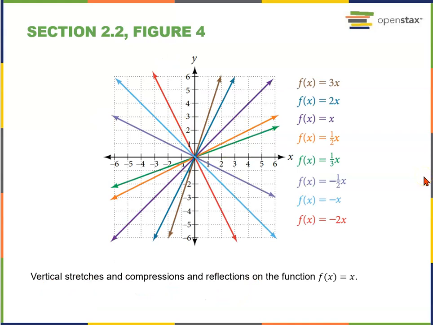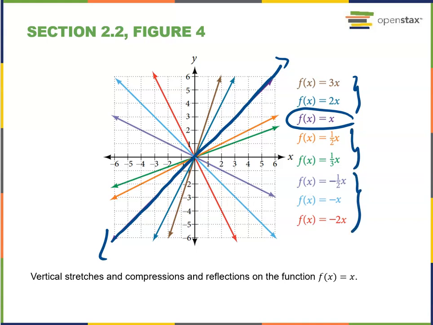Next, vertical stretches and compressions and reflections on the function of f of x is equal to x. This is f of x equal to x, which is this line here. What do you notice about this group here, 2x, 3x? That is when the slope is greater than 1.